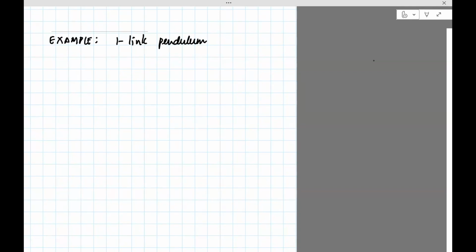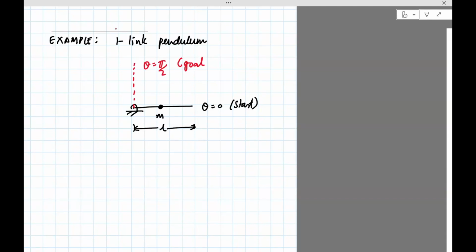We start the pendulum in this position, theta equals 0 is the start. There's some mass and some length. Our goal is to get this to go to the upright position from the 0 position in the fastest possible time.